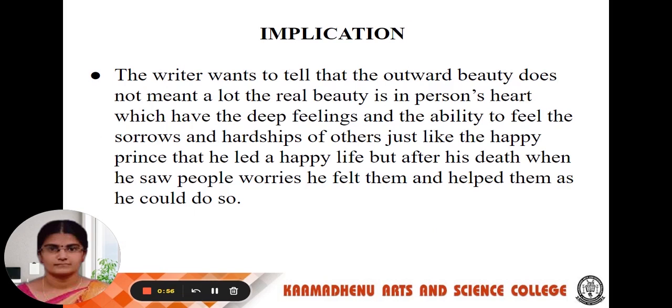Next is what are the implications that the writer gives. The writer wants to tell that outward beauty does not mean a lot. The real beauty is in a person's heart, which has deep feeling and the ability to feel the sorrows and hardships of others, just like the Happy Prince, who led a happy life, but after his death, when he saw people's worries, he felt them.